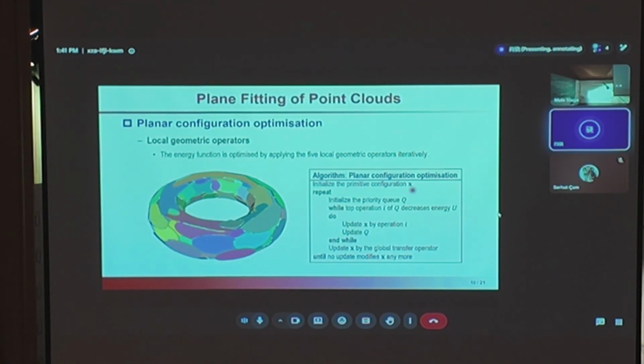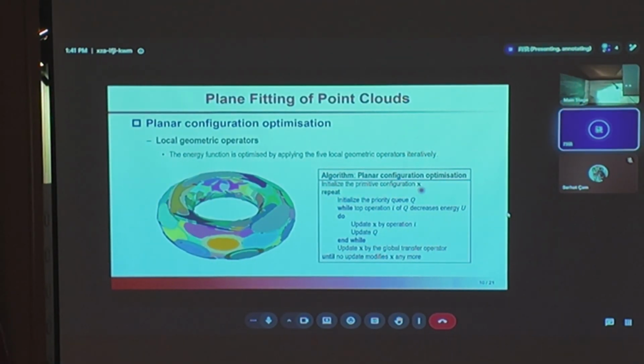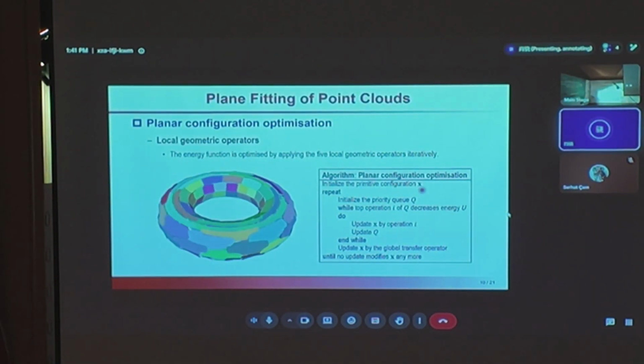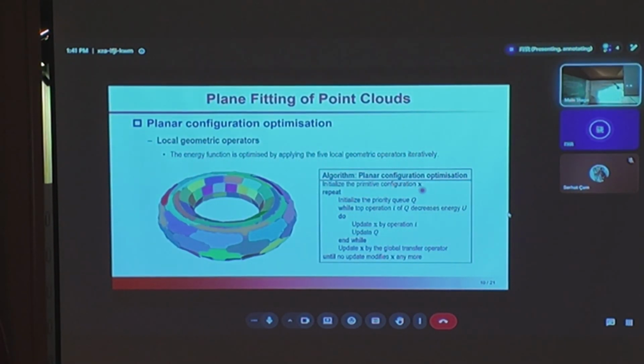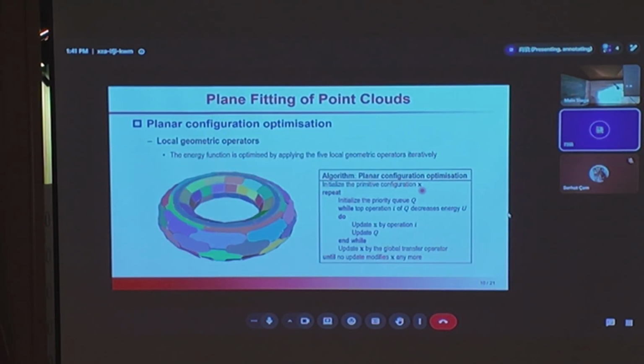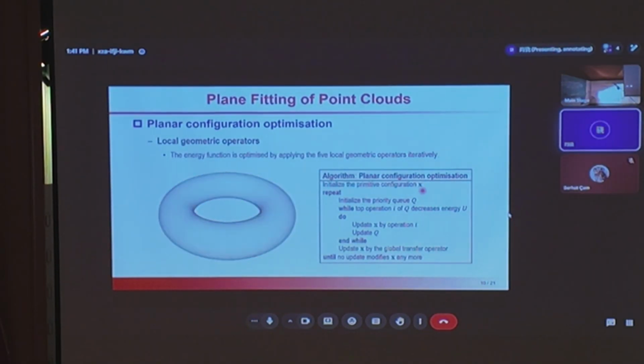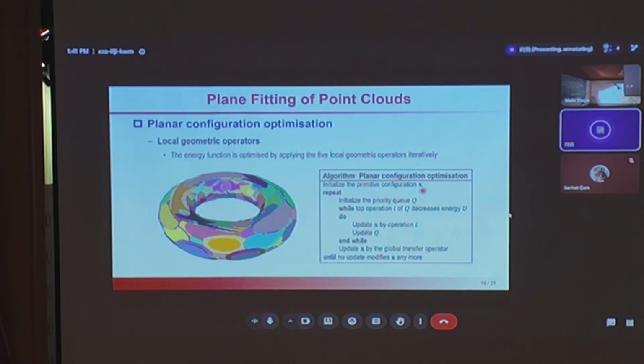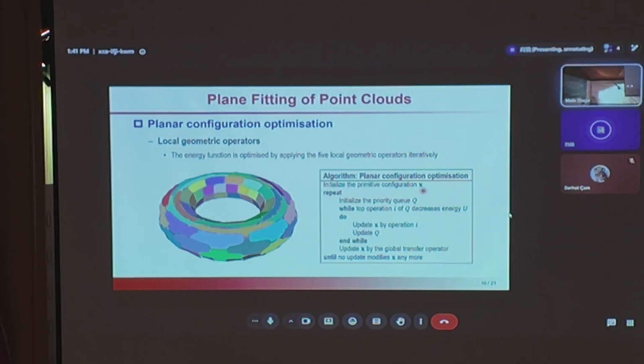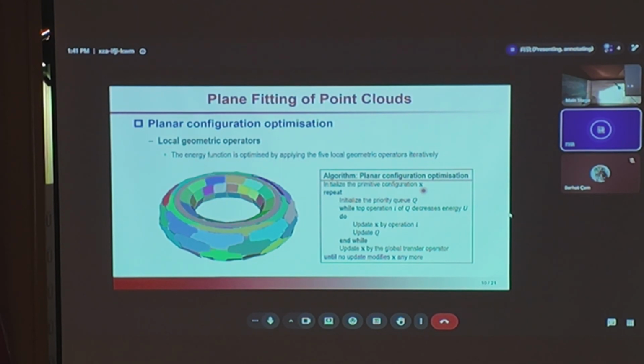This is an animation of this optimization process. In our implementation, we initialize the planar configuration with the region growing method, and starting from this initial planar configuration, we optimize the energy function to get the optimized planar configuration.